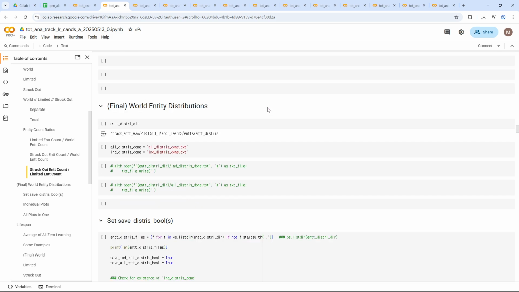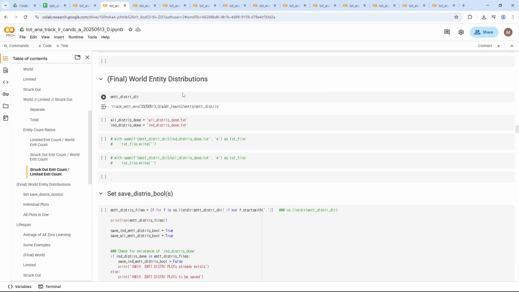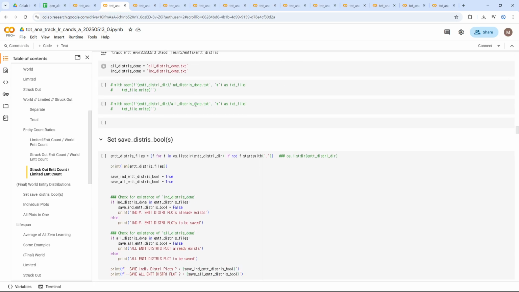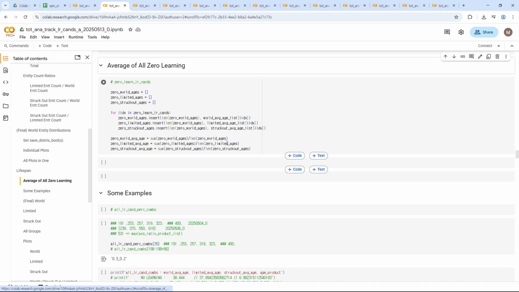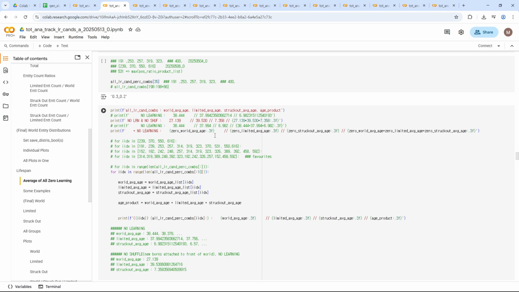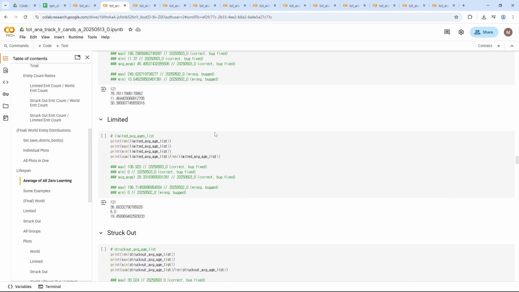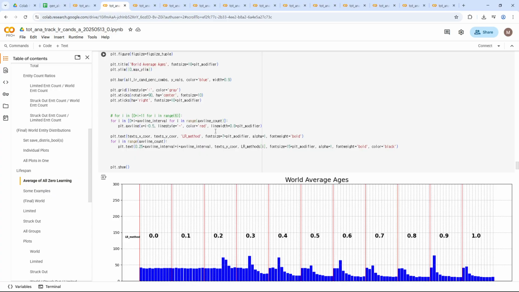And we are going to have a look at the entity distribution. I think I should do that later, not in this immediate session, because this is a huge job. But let's just have a look at the lifespans first. Skip all this.